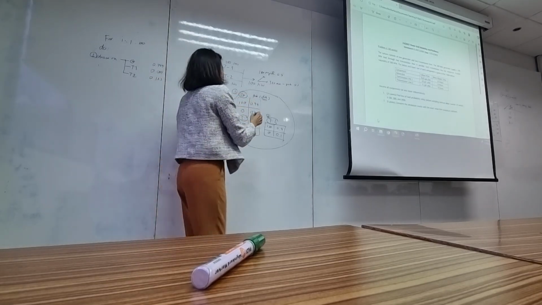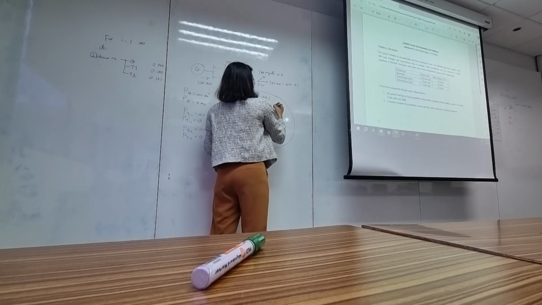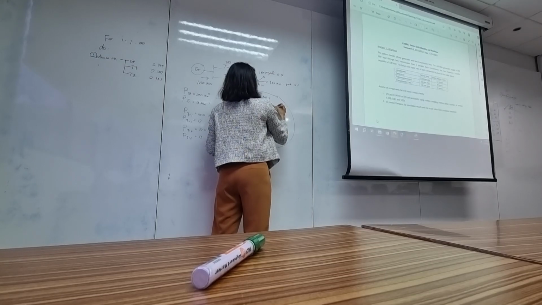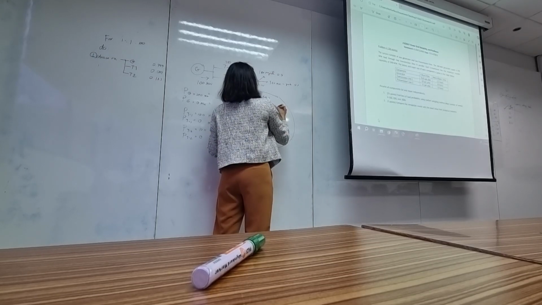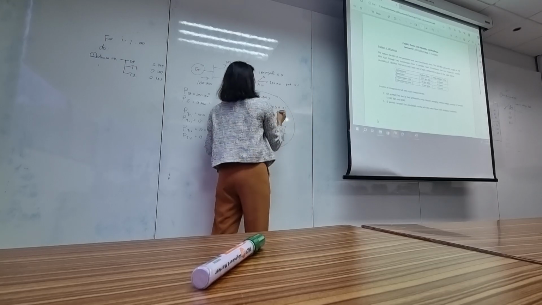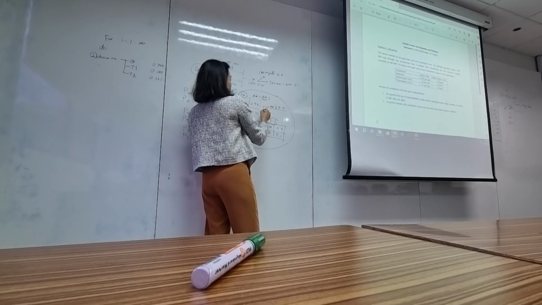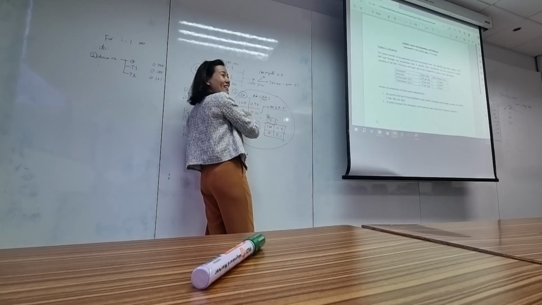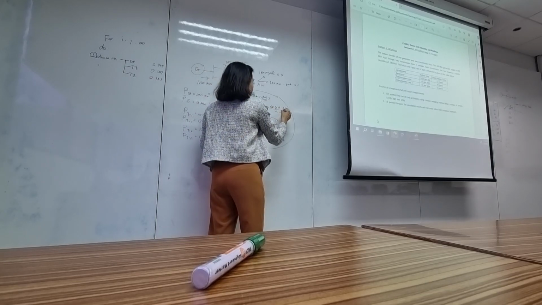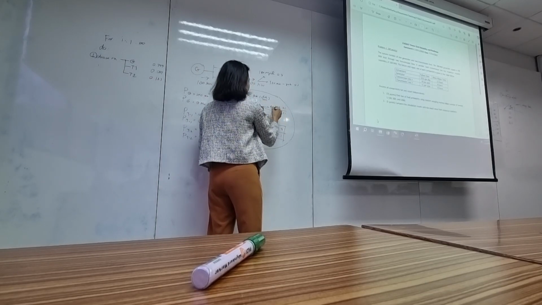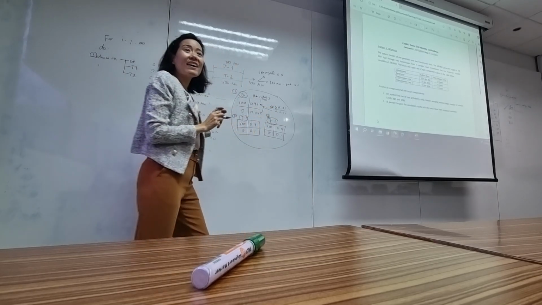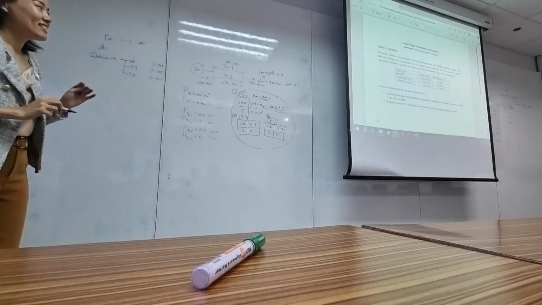You can assign that if the random number is greater than or equal to 0.01, then I will take out this state. If it's less than 0.01, then I will take this state.